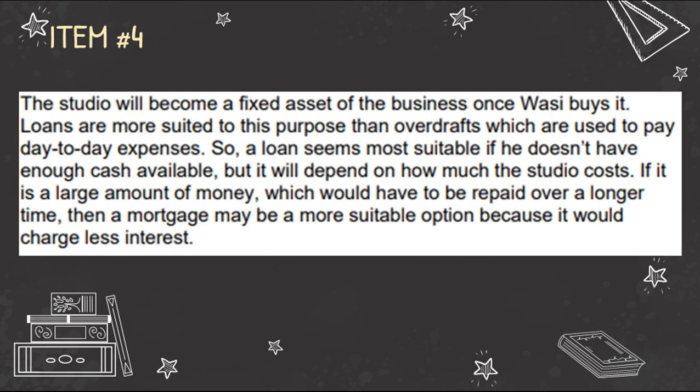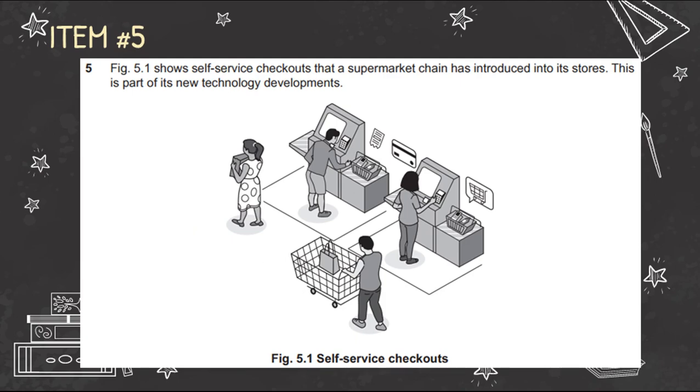So in this case, if your answer is loan, then there are many factors, including the cost of the studio and the ability for WASI to get revenues for his business. And remember, WASI is only a sole trader, which means that it's really risky for him to invest in a large amount of an asset.